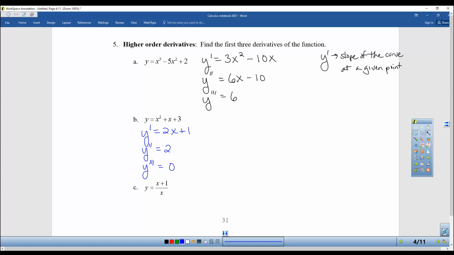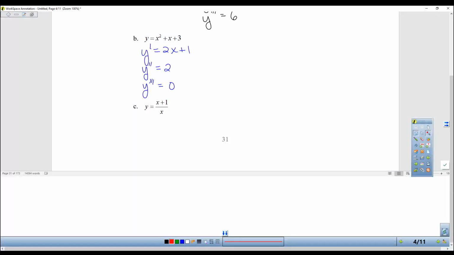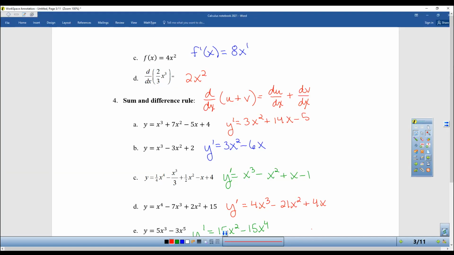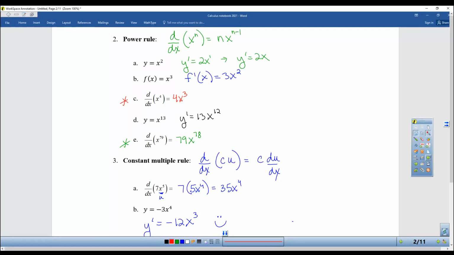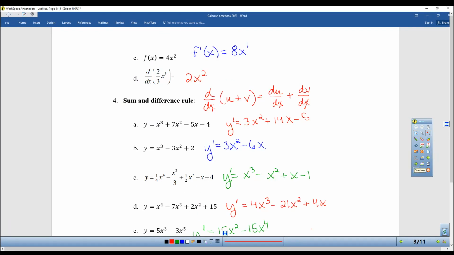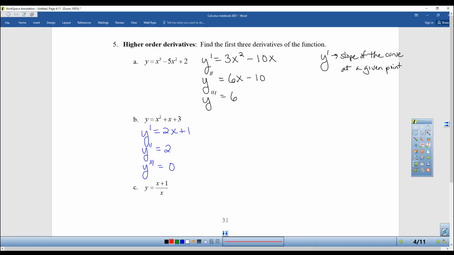Now this next one introduces something different for us. You can't take the derivative of a top and the derivative of a bottom. So when they give you all these rules, there is a reason for them. There's a reason for the power rule and the constant multiple rule and the sum and difference rule, because they want you to know what you're allowed to do and what you're not.